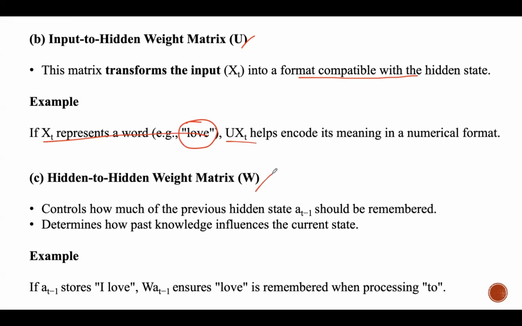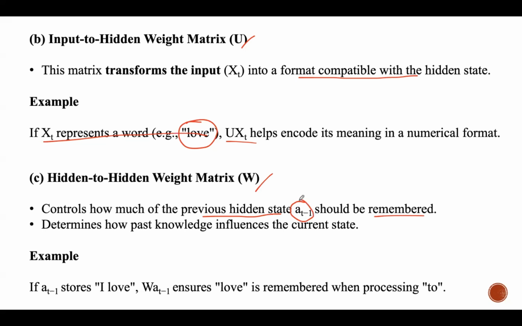Then coming to the hidden weight matrix. This is again responsible for propagating information through time, and it helps the network retain memory of previous time steps by influencing the current hidden state. And it also controls how much of the previous hidden state should be remembered. This is most important.